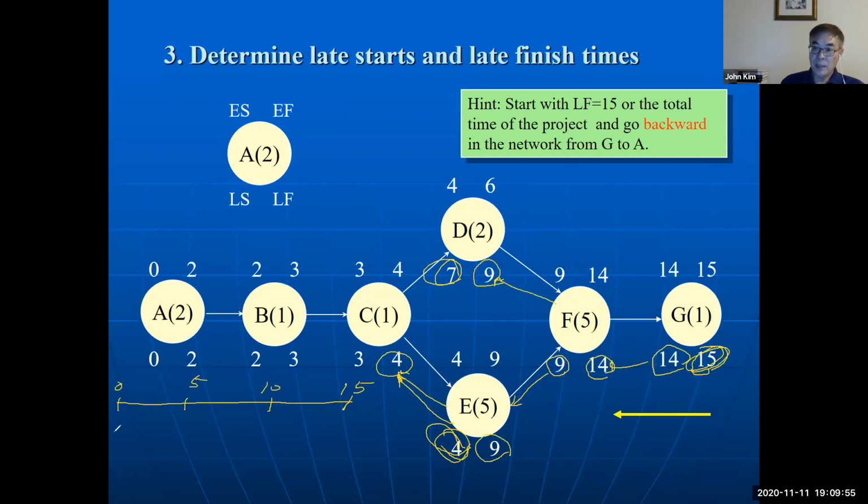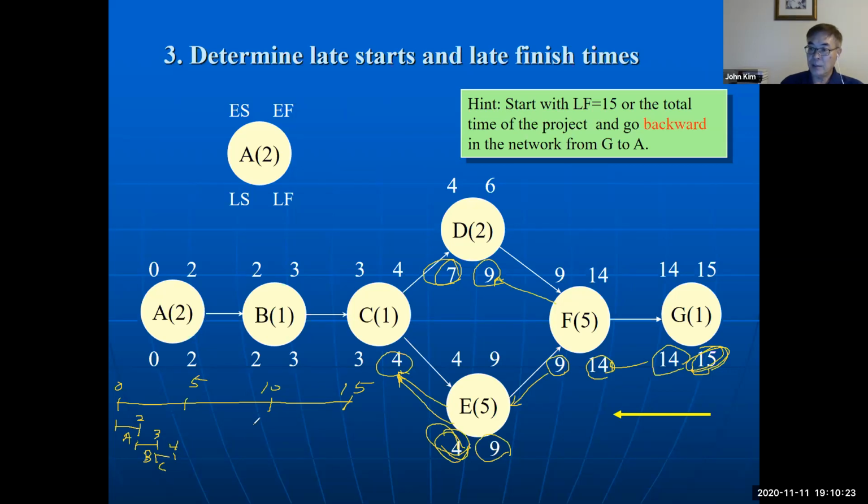On this timeline, A starts at 0 and finishes in week 2, and then B starts at 2 and finishes at 3. And then C starts at 3 and finishes at 4.